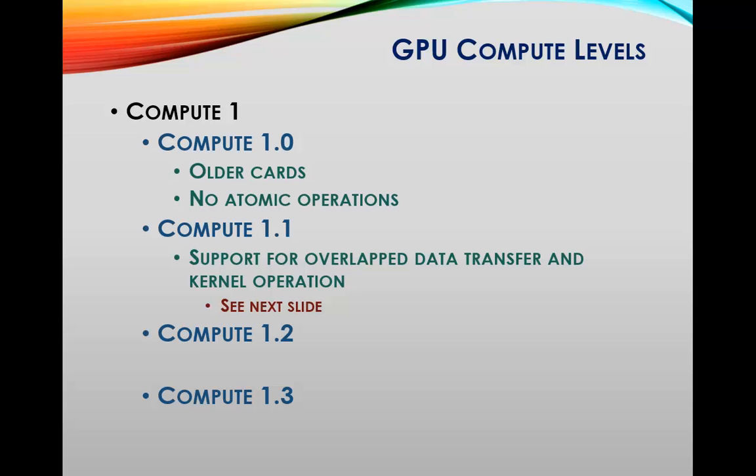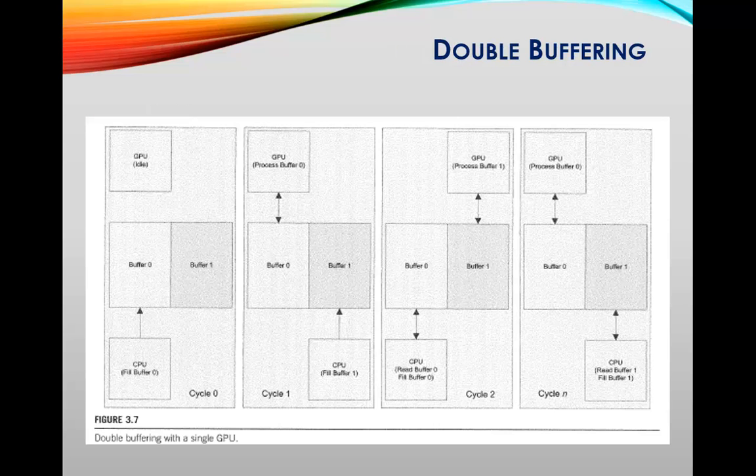It's basically called double buffering, which works as shown in this picture. You have your processing, or rather the execution, split into several cycles. Here, for example, say cycle 1, 2, and so forth. And you have two buffers that are available to your GPU.